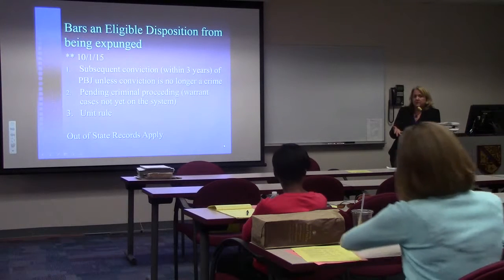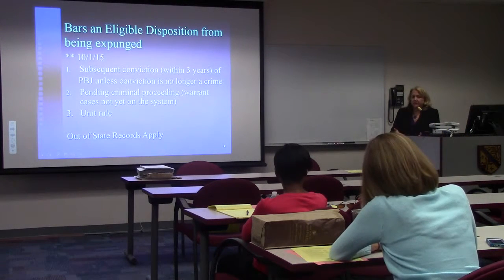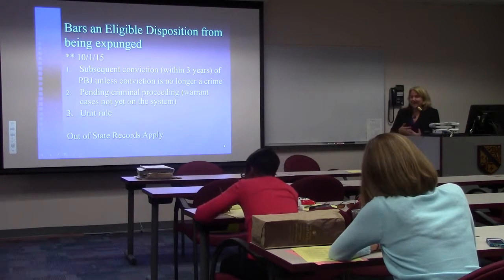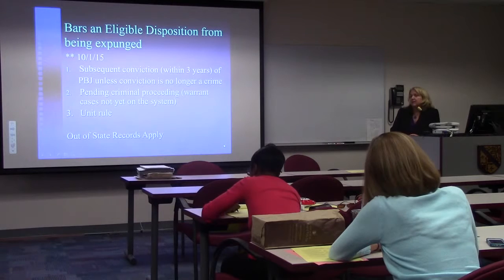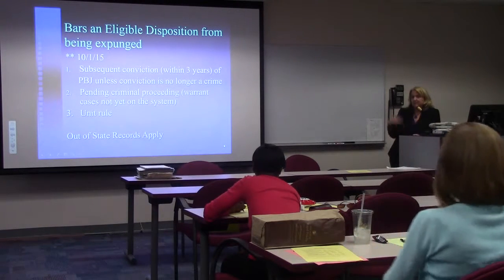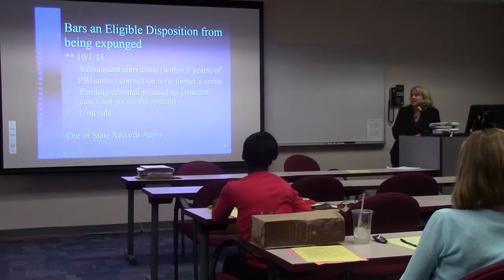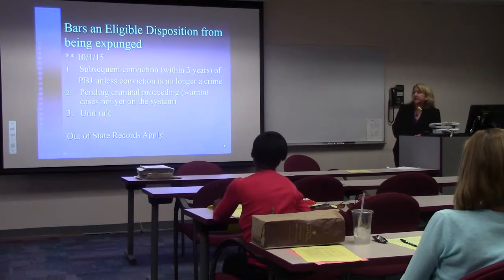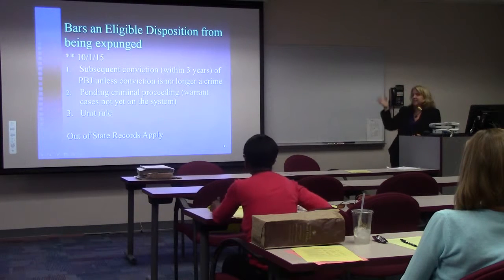So when you're talking to the client, you need to say, do you have anything out of state? It's not as big anymore because usually it was the subsequent conviction that got the client, but you do need to know if you're trying to get a PBJ, whether or not they have a conviction in another state, or the other thing is they have pending cases.